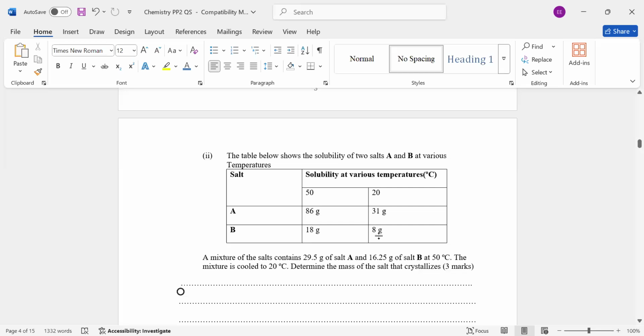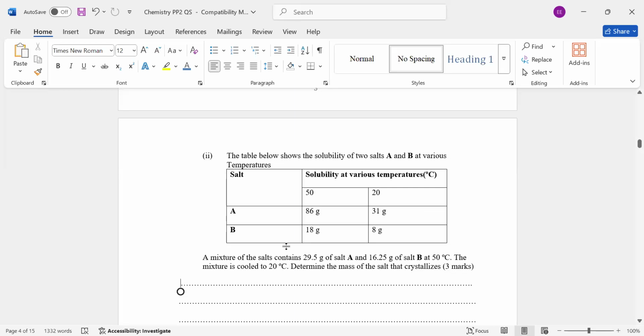So what will be the remaining mass? I want to believe that I've really done it in the simplest way possible. Determine the mass of the salt that crystallizes up to that particular point from what I've explained. I want to believe that we all agree that salt A will not crystallize, looking at the masses that have been given and the mass that we have here.